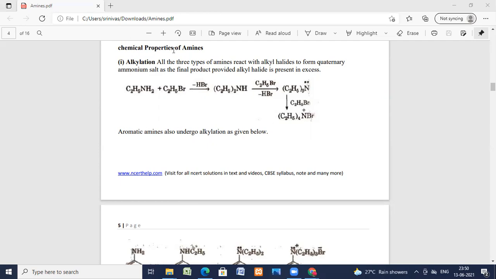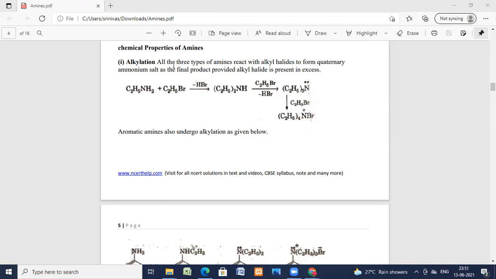So, coming to the chemical properties of the amines, the amines are basic in nature, and amine salts act as phase transfer catalysts. The next chemical properties are alkylation, acylation, and the carbylamine reaction. All these we will look at.